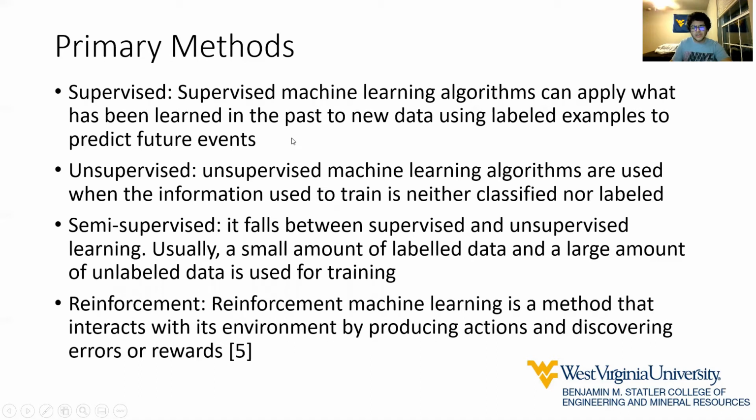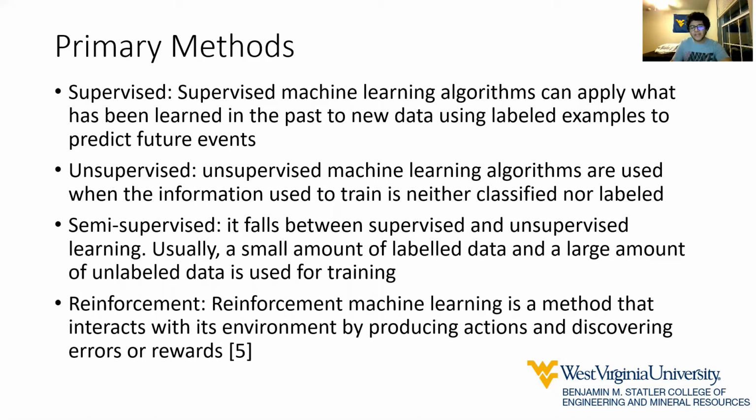Furthermore, unsupervised learning. Unsupervised learning is used when the dataset is given without any labels. So it's basically an unlabeled or unclassified dataset. In order to perform this approach, algorithms will need to determine patterns in datasets. Semi-supervised learning falls between supervised and unsupervised machine learning.